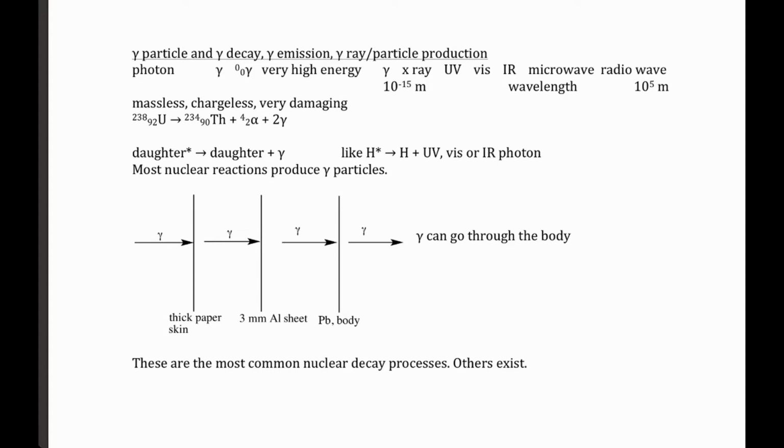So if we look at the electromagnetic spectrum, the one that you probably have seen before in a chemistry or physics class, at the high energy end, it runs from gamma ray particles, these type we're talking about here, all the way to the low energy radio waves.